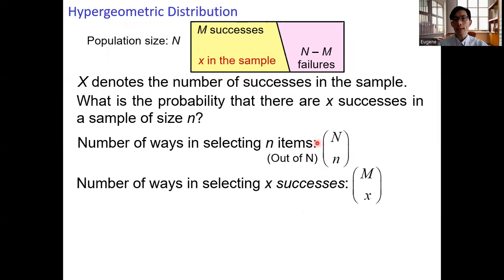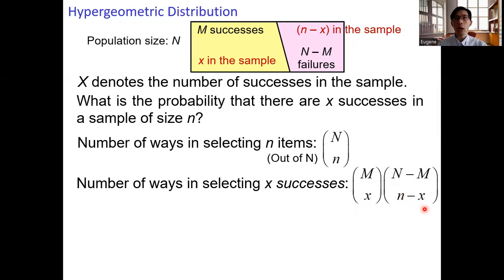So the number of ways is M choose x. And then the remaining items in the sample correspond to failures. There are altogether n minus x in the sample. So the number of ways of selecting n minus x failures corresponds to the expression N minus M choose n minus x. Out of the N minus M failures in the population, we have small n minus x failures in the sample.